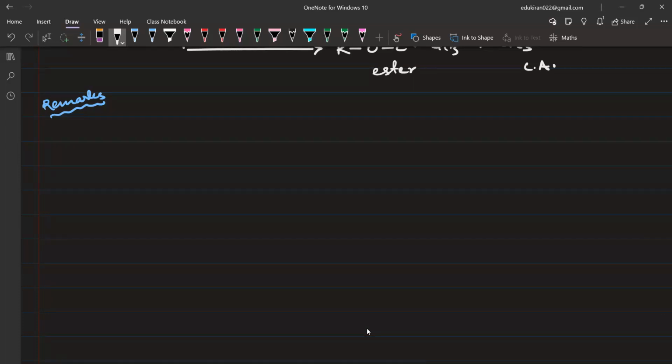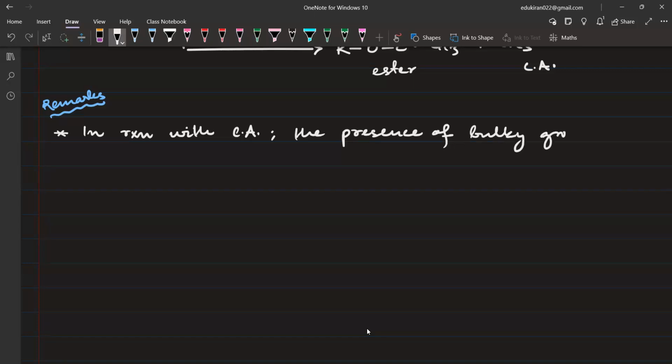First thing is that in reaction with carboxylic acid, the presence of bulky group on either alcohol or carboxylic acid decreases the rate of reaction.